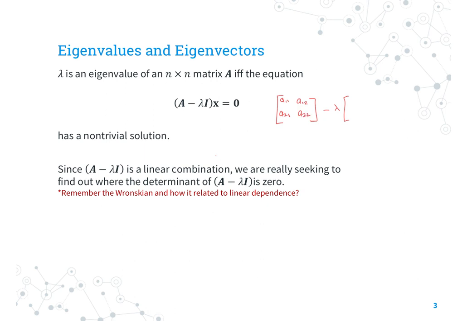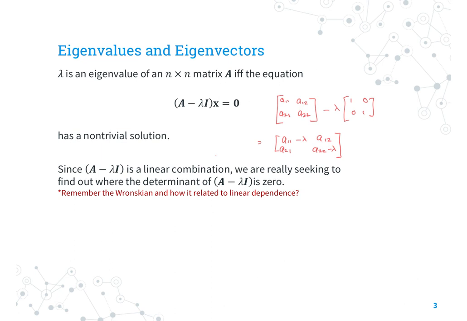The 2 by 2 identity matrix will be 1, 0, 0, 1. And when we do that, we end up with a11 minus lambda, a12 minus 0, and then a21, and then a22 minus lambda.